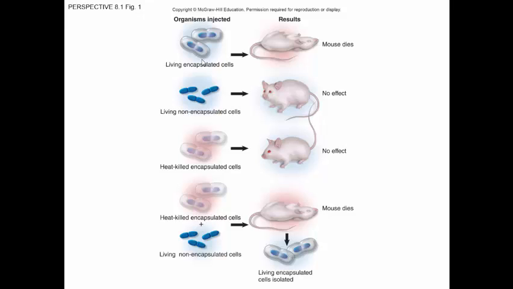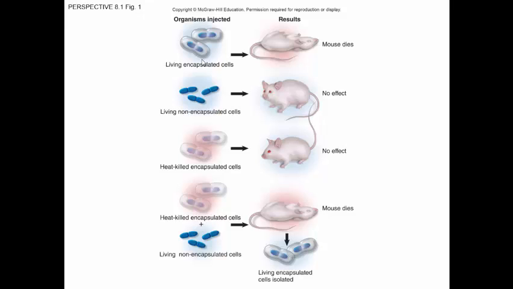Now, at the time he called it S. pneumoniae, and I believe we call it today pneumococcus. But here's the basic point. He took living unencapsulated cells and they had no effect. Now, this particular strain of bacteria has two different versions, those that have a capsule and those that don't.